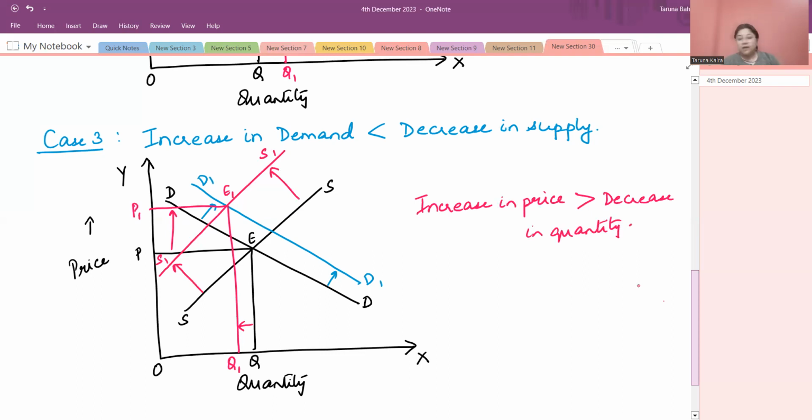Fine. So this is the result: in case the increase in demand is less than the decrease in supply, at the new equilibrium point your price is going to increase, and the increase in price is greater than the decrease in quantity demanded and supplied.